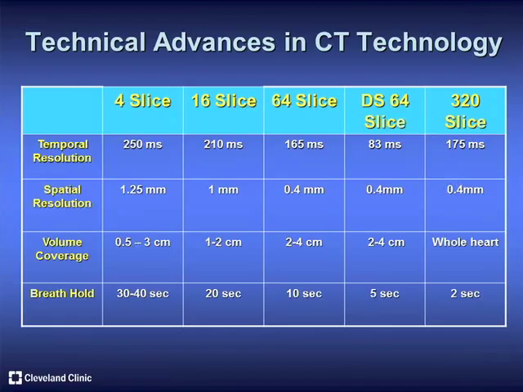You can basically get pretty much the whole heart covered in a span of 1 cardiac cycle, with a 0.4 millimeter slice thickness, which allows for sub-millimeter imaging and looking at coronary structures. Make no mistake, it is not live imaging. It does not allow live imaging like cath or echocardiography, but it can still also do cine images with some of the advanced scanners.